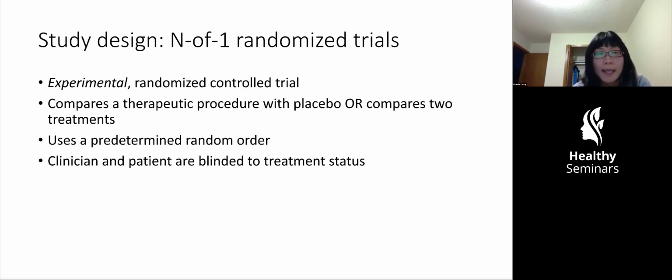The third design is the N-of-1 randomized trial. And this is what we call an experimental design, because we will be controlling the variable or the treatment of interest. In this case, it actually utilizes the process of a randomized controlled trial. So the intervention can be compared to a placebo, or we can actually compare two different treatments.